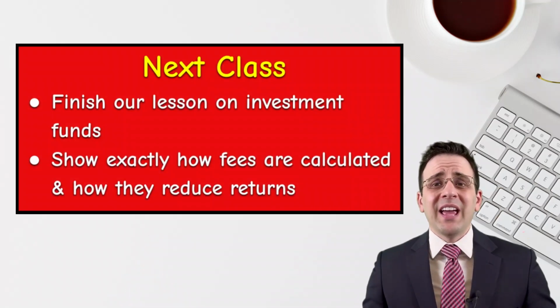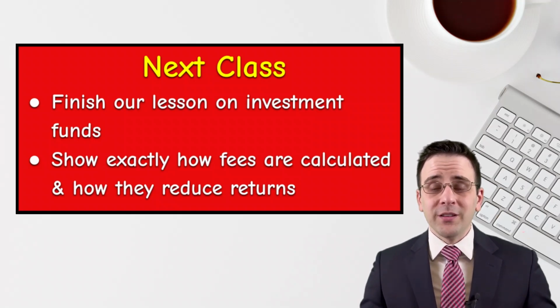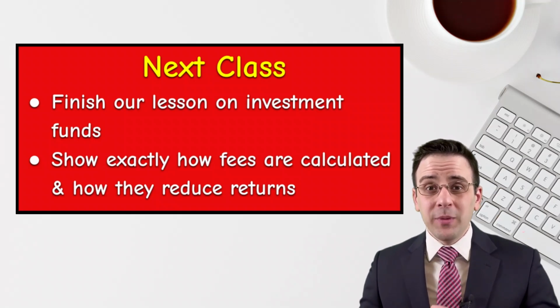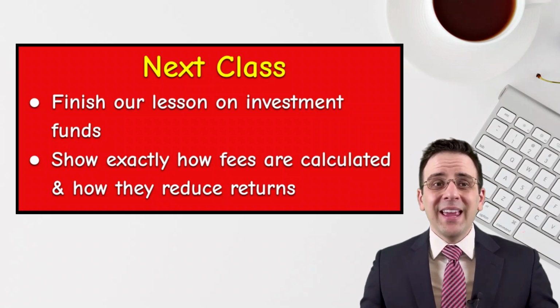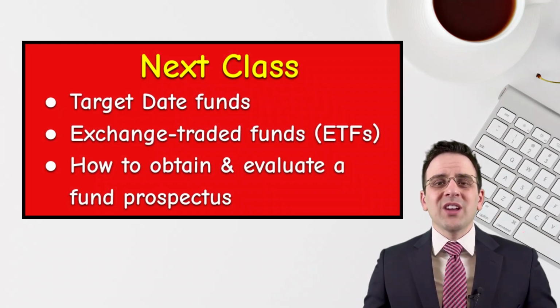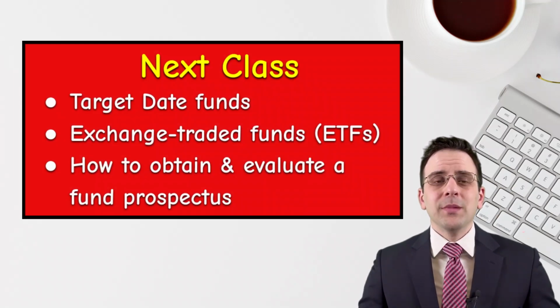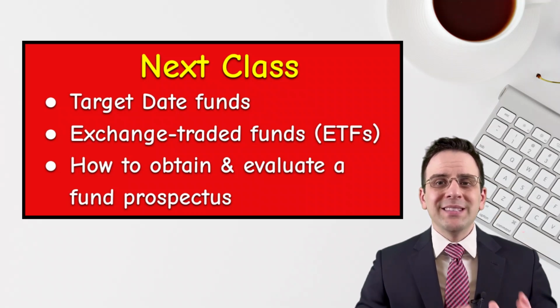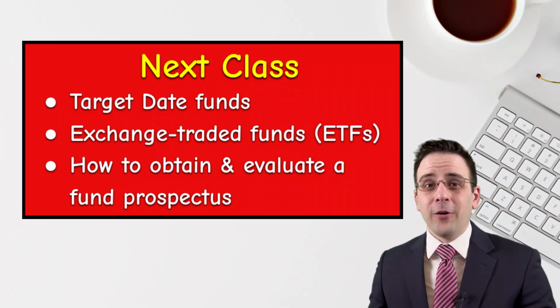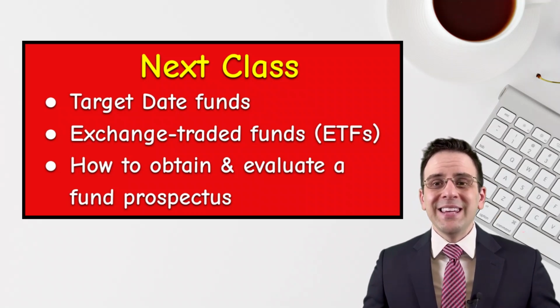In our next class, we'll round out our discussion on investment funds by showing you exactly how fund management fees are calculated and how they reduce our returns. We'll also discuss two more funds. One is called a target date fund, and the other is called an exchange traded fund, or an ETF.